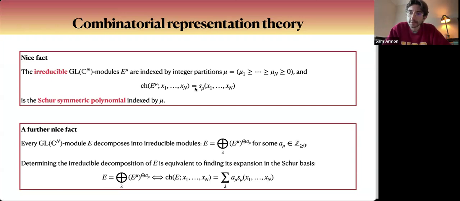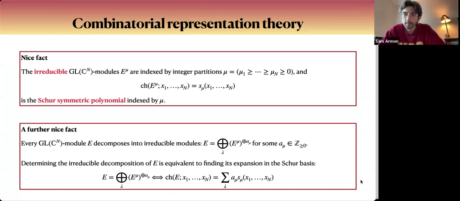And so by this first nice fact, if I want to find the irreducible decomposition of a GLN module, this is equivalent to expanding its character in the basis of Schur functions, since the characters of the irreducibles, the Schur functions, are linearly independent. Finding the character of the module is equivalent to determining the irreducible decomposition.